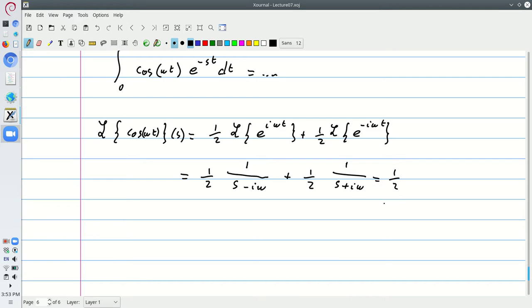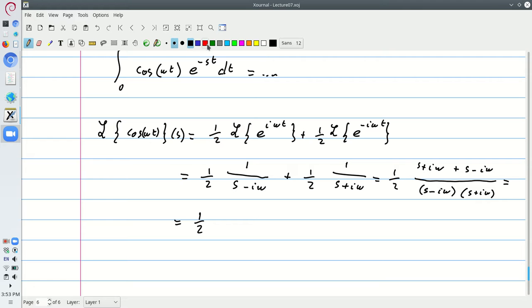So we can write this in this way, 1 divided by s minus I omega, s plus I omega, and then we are left with s plus I omega plus s minus I omega, and this is equal to 1/2.